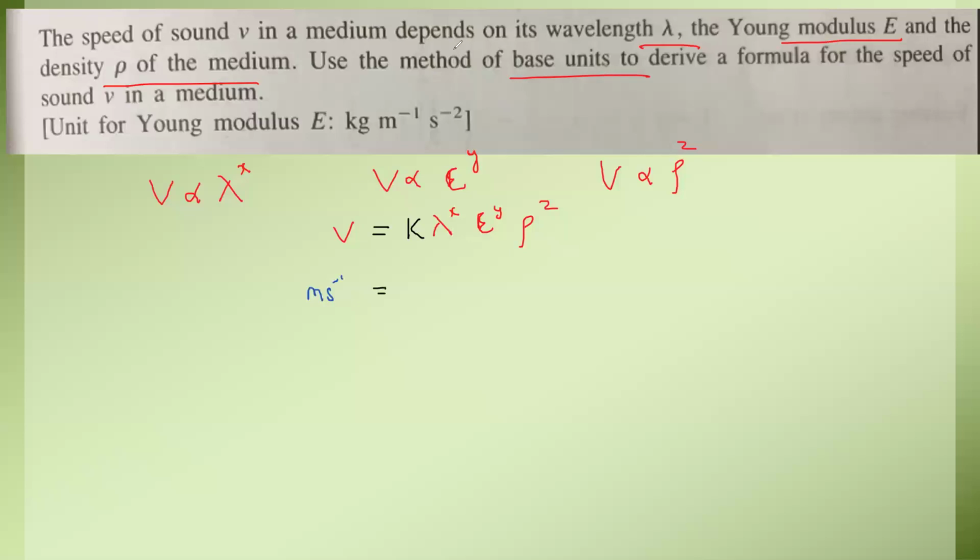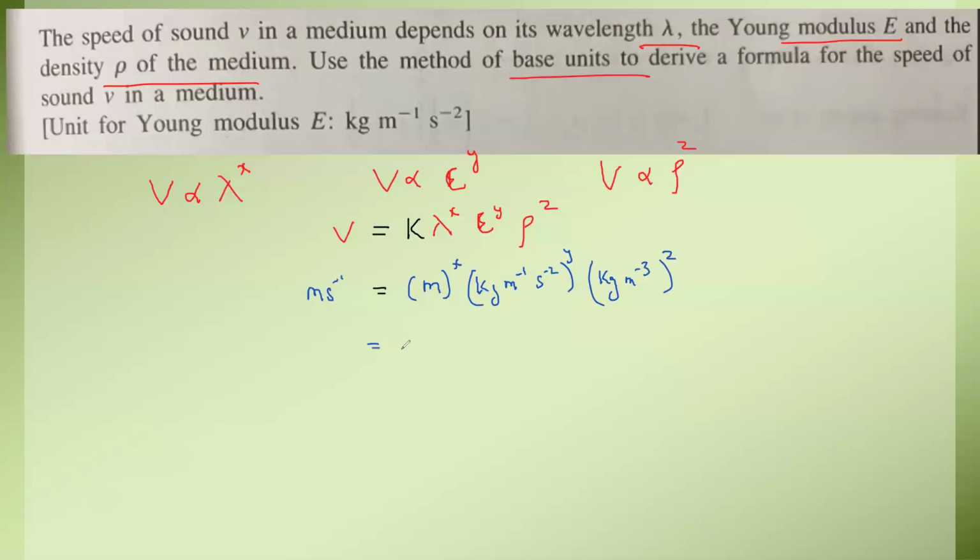Lambda is a wavelength, the unit of the wavelength is meter, and that is raised to power x. The unit of the Young's modulus is kilogram, meter raised to power -1, second raised to power -2, and the whole is raised to y. And the density, which is kilogram per meter cube, so kg, meter raised to -3, raised to power z.